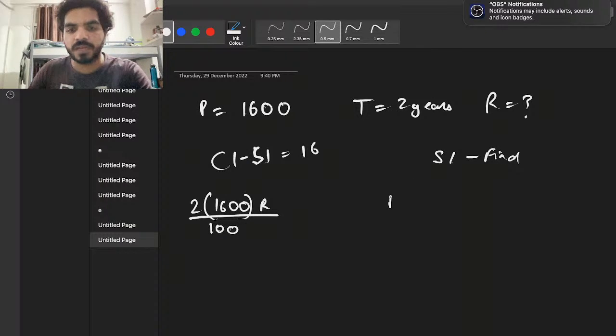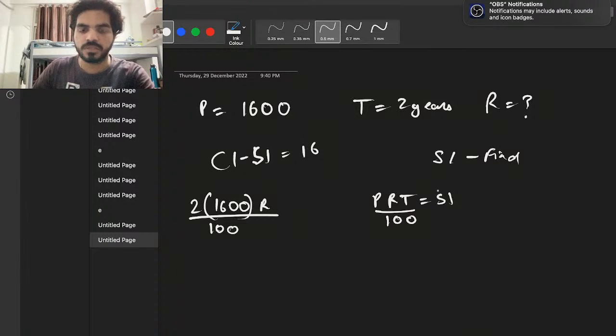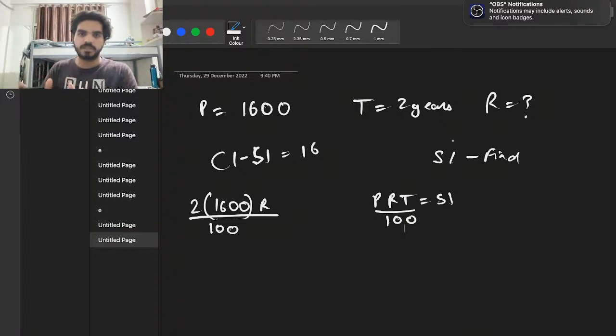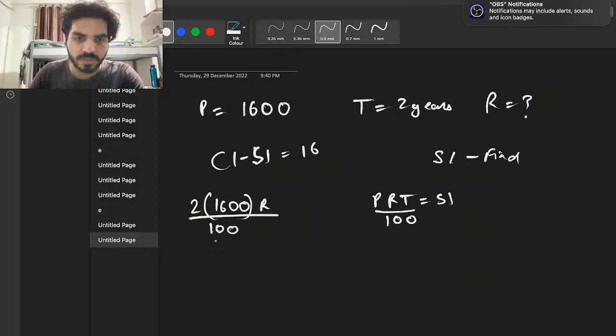This formula, PRT by 100, gives SI and not the amount. Since the initial principal is the same, we can use it directly, without any customizations. 32R is the SI.